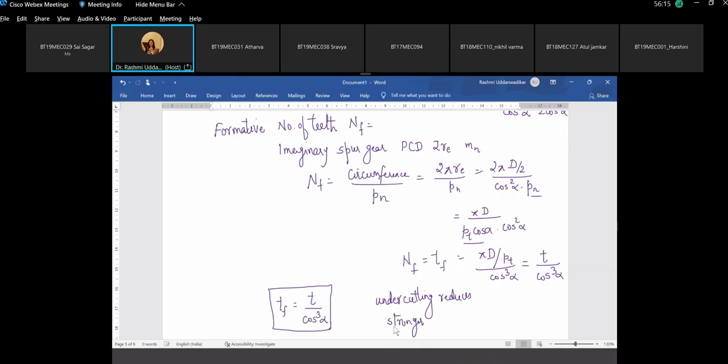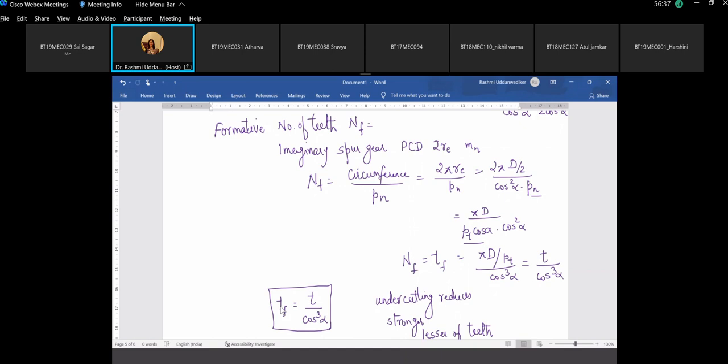You can have lesser number of teeth. For spur gear, you have to have 25. Here, even if you go with 22, this 22 by cos cube 18 degrees is going to be almost 24, 25 or even more than that.